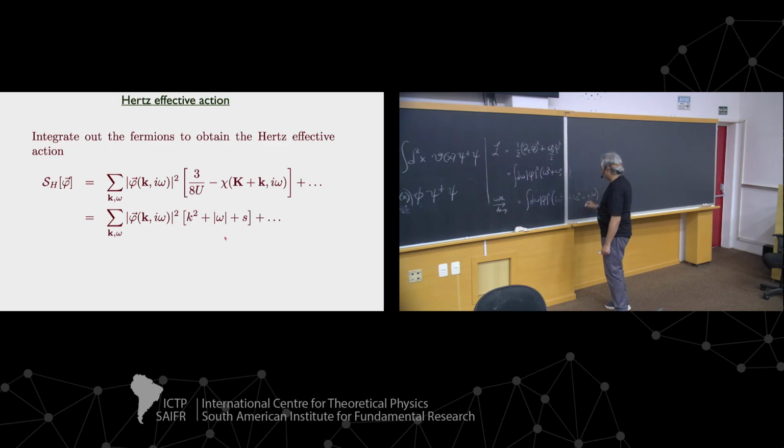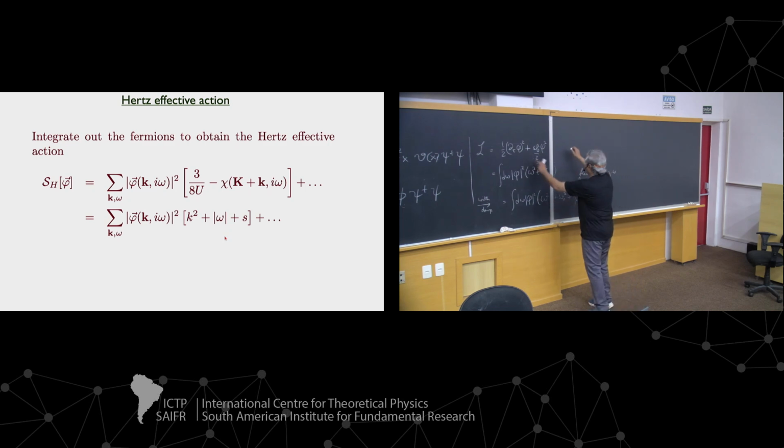And then what is the equation of motion here? In real frequency, this is minus i gamma omega, which is just damping. So if you look at the equation of motion, this term will give you d squared phi dt squared, and this will give you minus gamma d phi dt in real time.